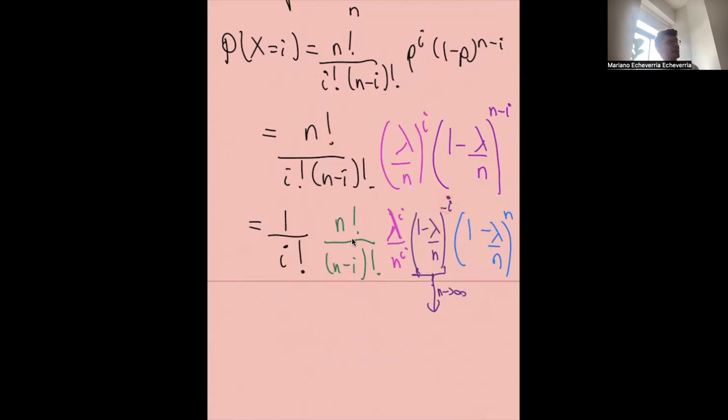I is fixed; I'm doing this for every I, so I is a constant. The only thing varying here is n. As n goes to infinity, this goes to 0, so this gives you 1 to the negative I, and that's just 1. So this actually just goes to 1. Is that making sense?